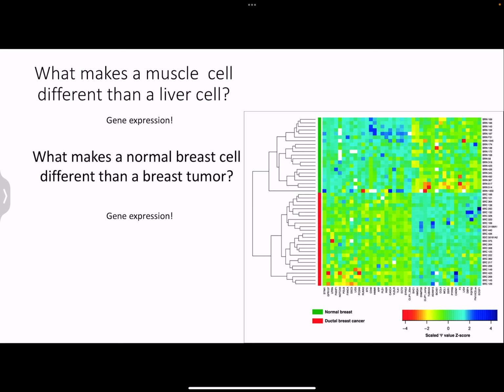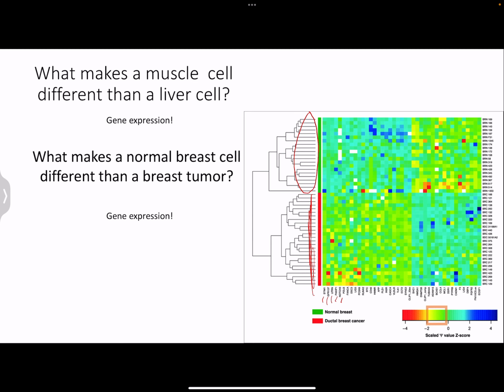And if we look at this here, all of this right here represents breast cancer. And this here represents normal wild type breast. These are various genes. And what we're looking at is a heat map demonstrating gene expression. So this color here is going to be lower expression.